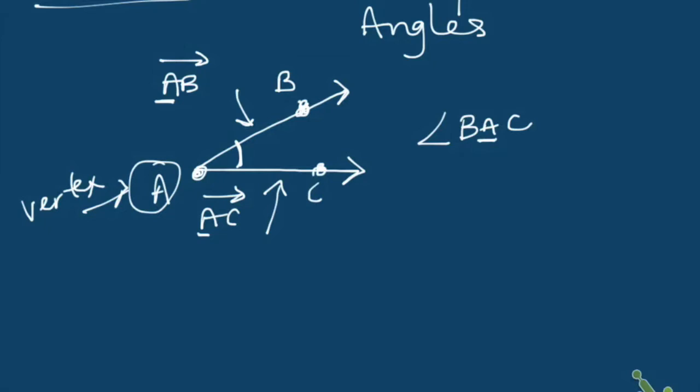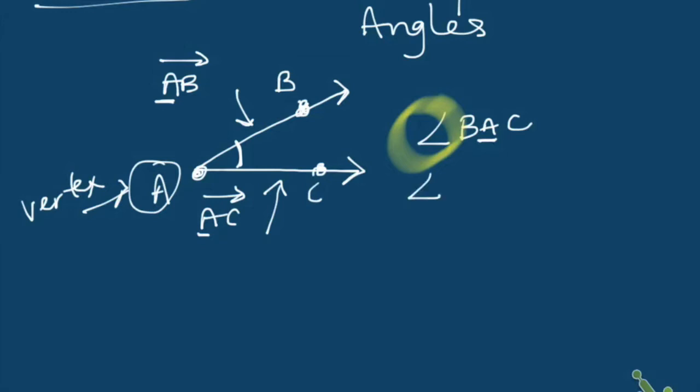So based on that information, can I rename this? Based on everything you've learned so far about segments, endpoints, lines, and so on, how can I rename this angle to something else? And by the way, if you didn't recognize, this is the angle symbol right here. So what's another name for angle BAC?